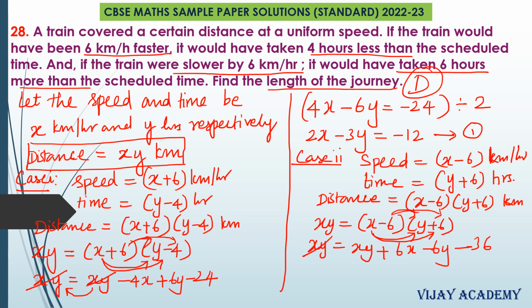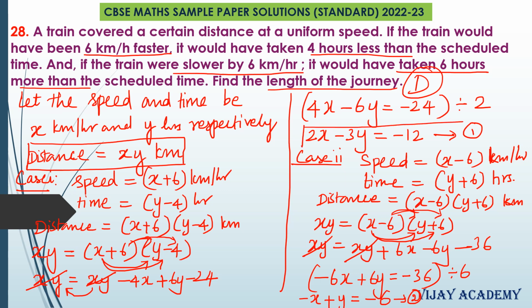Now again xy and xy will get cancelled, then transpose 6x and minus 6y to the LHS, we get minus 6x plus 6y equals minus 36, and divide the entire equation by 6, so we get minus x plus y equals minus 6, and take this as equation 2. Now we got the two equations, 2x minus 3y equals minus 12, and the second equation, minus x plus y equals minus 6.